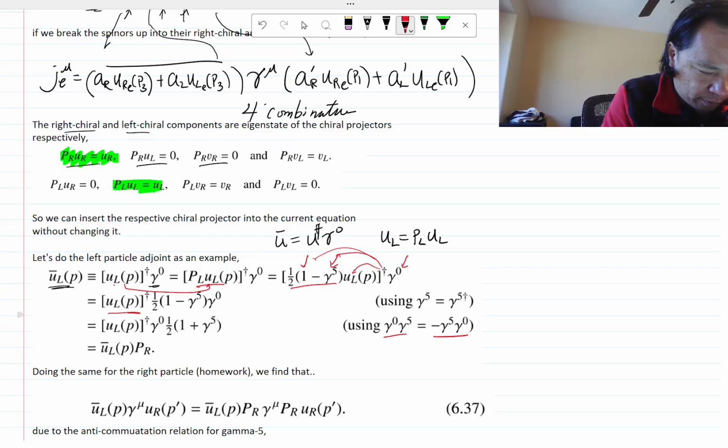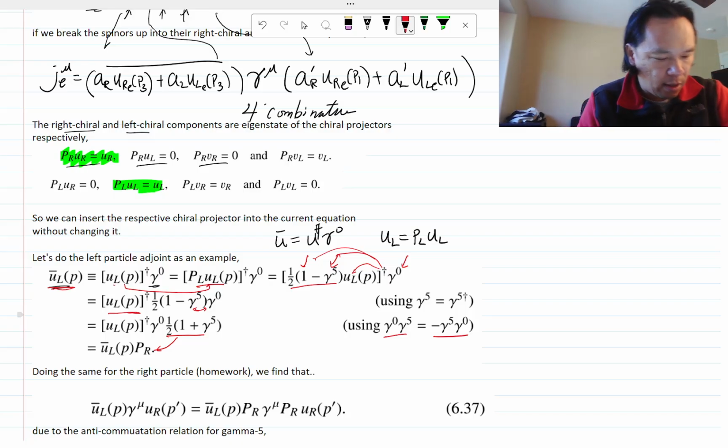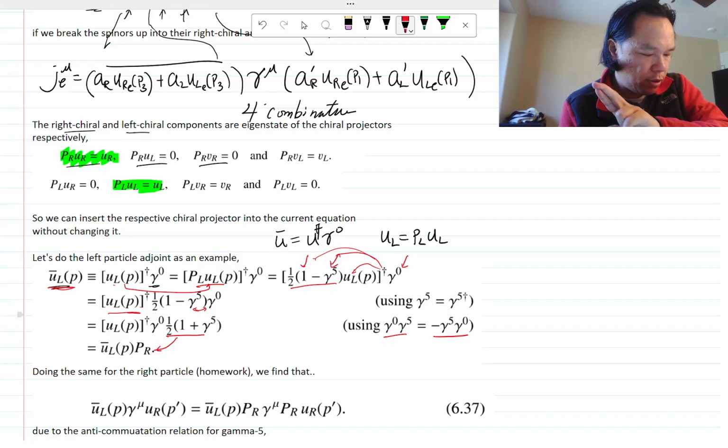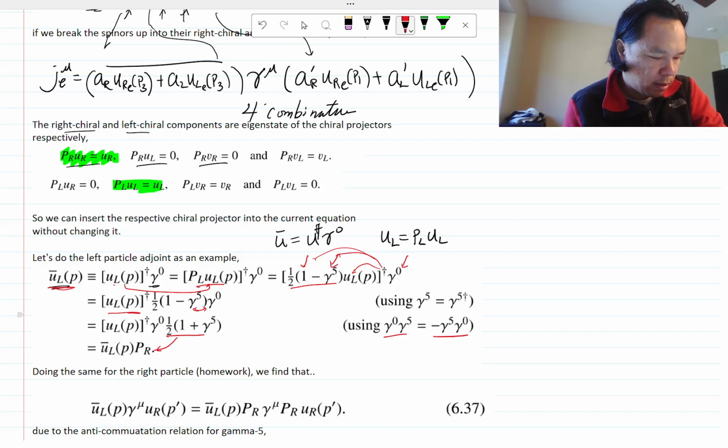Whenever we flip gamma 5 with gamma 0, we just change the sign. Of course, everything commutes with the identity matrix, so you can always commute with 1. So what happened is that the left chiral adjoint can be written as the right chiral adjoint, but with the projection operator on the right hand side instead.